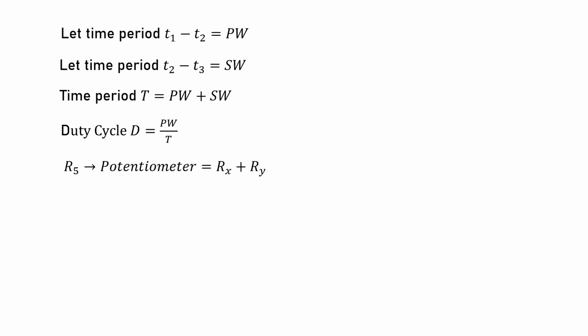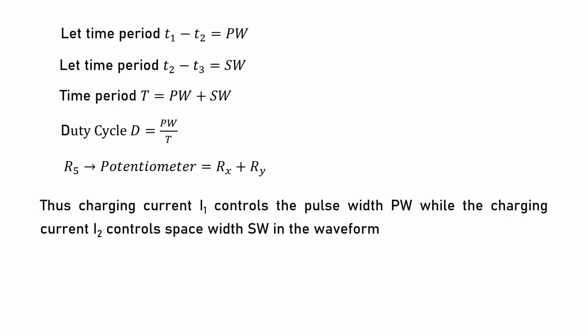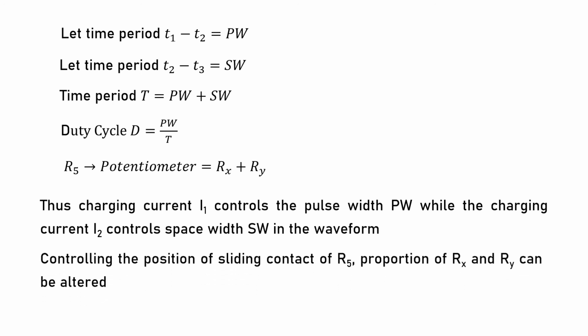R5 is a potentiometer equal to Rx plus Ry, and the current I1 controls the pulse width, while the current I2 controls the space width of the waveform. This is how the effect of I1 and I2 is observed by using the diodes D1 and D2. By controlling the position of the sliding contact of R5, the proportion of Rx and Ry can be altered, so that we can get the appropriate value of the duty cycle.